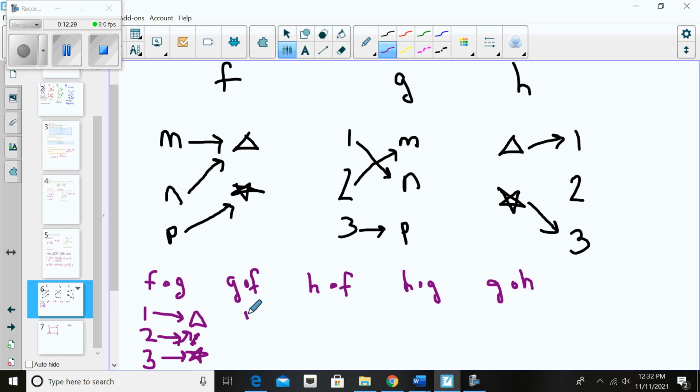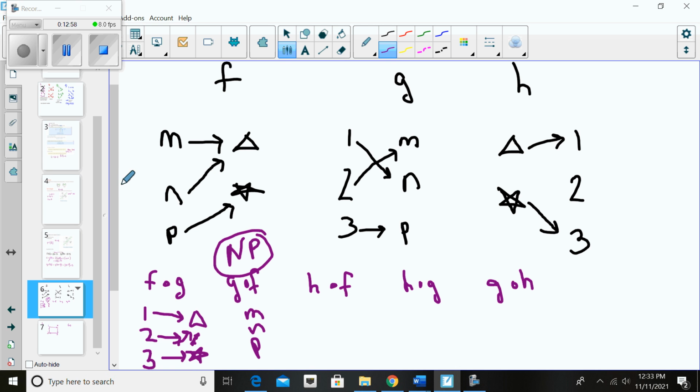Starting with F, M goes to triangle, and then I try to put that into G. Triangle is not part of the domain of G. So some of these are not possible. This one won't work. There's one more in this row that is not possible.